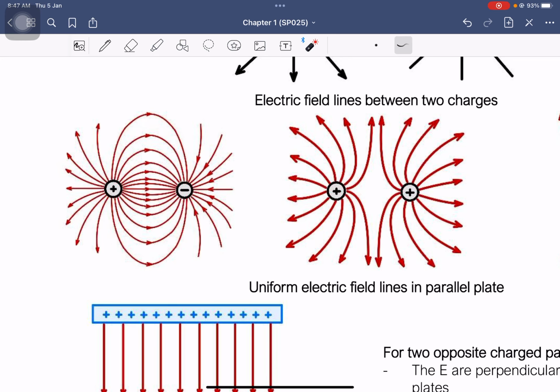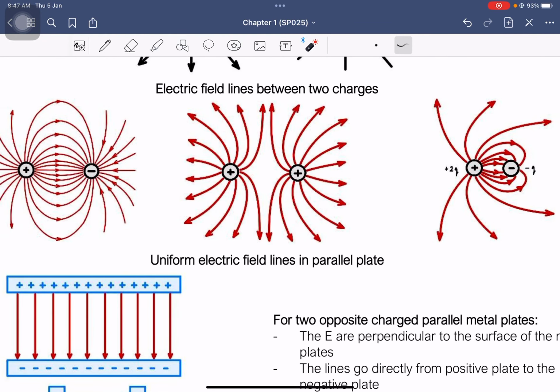And then for like charges, they will repel each other, so they won't be going into each other, because this has the same sign. At one point here they will be closer together, but they will never intersect with each other.